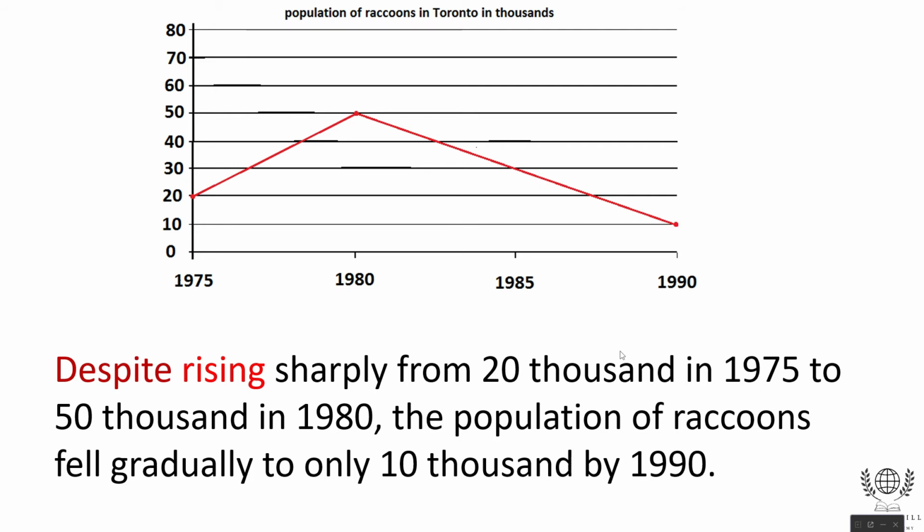We're not signaling what the subject of what is rising from 20,000 in 1975 to 50,000 in 1980 is in that phrase, right? This is why it's very important not to use shortcuts like this figure or this number, right?